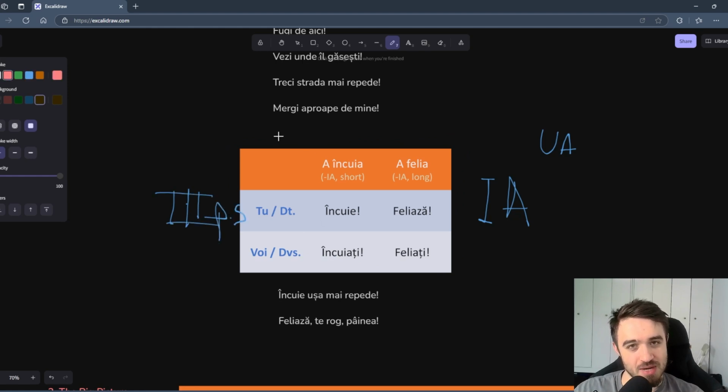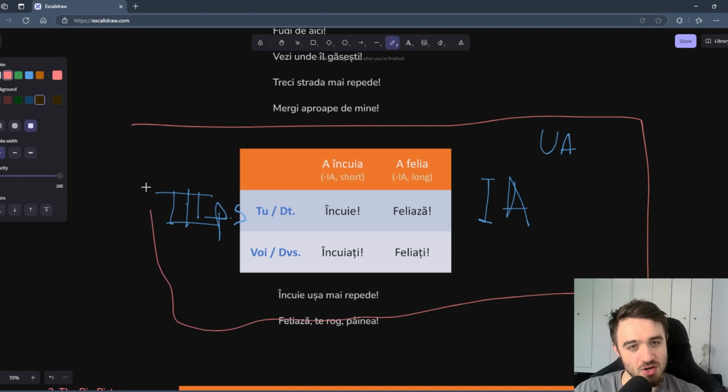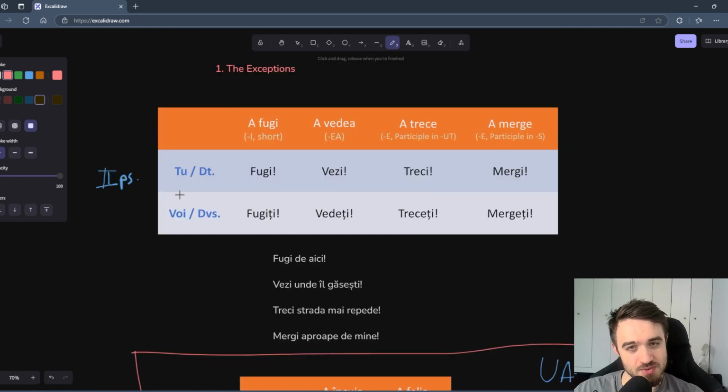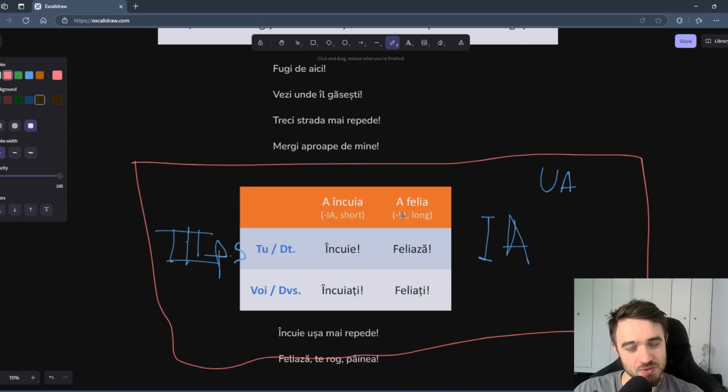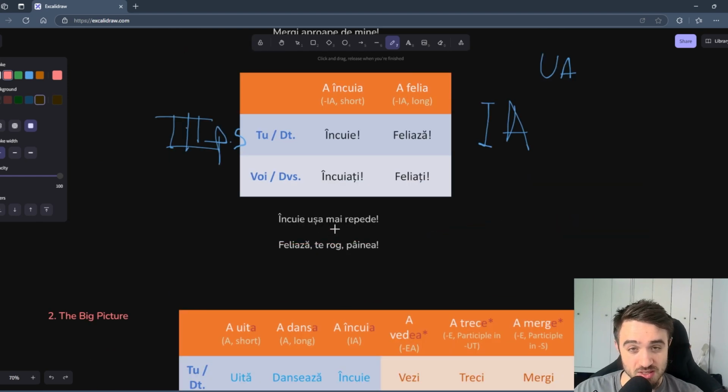Bear in mind, these do not respect this rule. They are kind of an exception to the A conjugation, right? But they do not take the second person singular. They take the third person singular. So if you want to say close the door faster, încuie ușa mai repede. Or, feliază, te rog, pâinea.